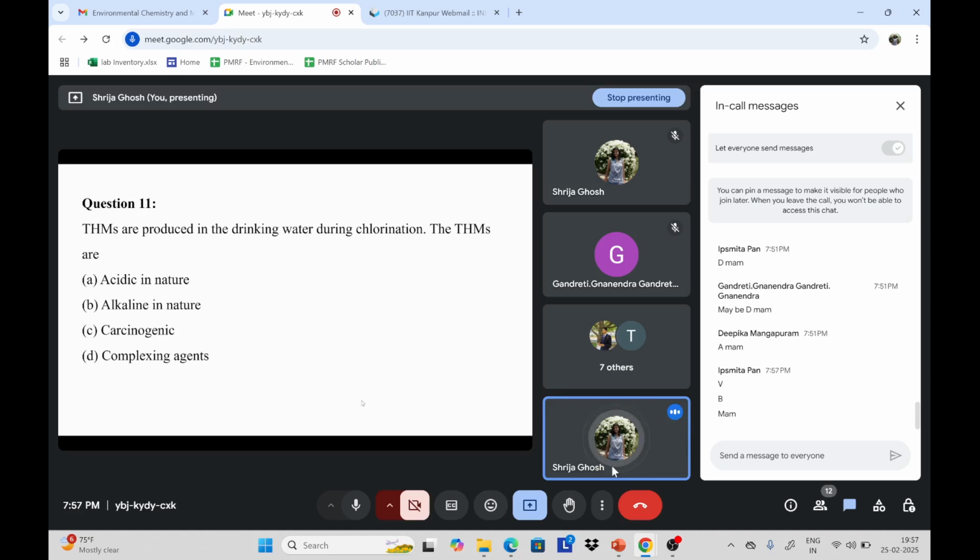Are they acidic in nature, alkaline in nature, carcinogenic, or a complexing agent? Come on, others, you also answer.